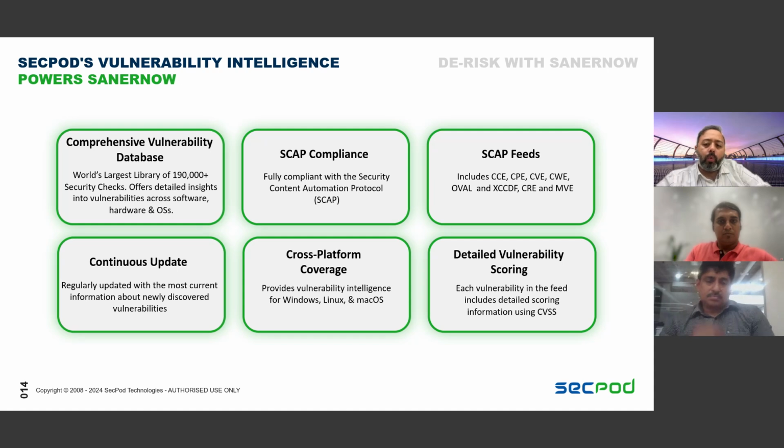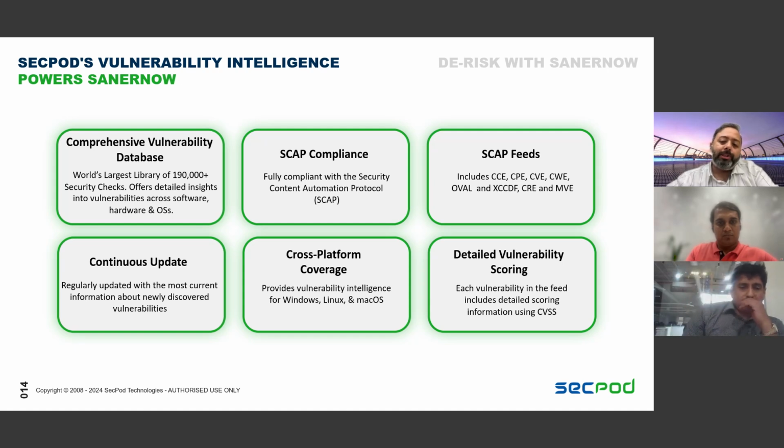So with SanerNow, you get real-time alerts and actionable insights, empowering teams to quickly mitigate these risks before they escalate into a full-blown attack. The idea is that we are a preventive technology. We believe prevention is better than cure. So we help our customers identify the risks beforehand so that they can take mitigative actions as and when required.